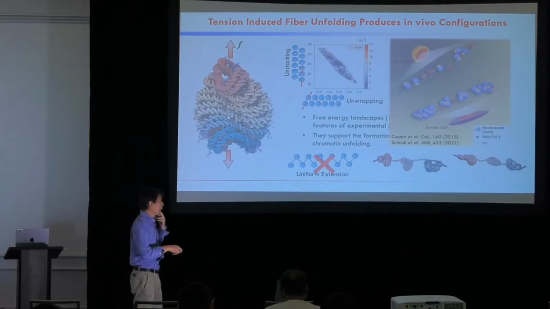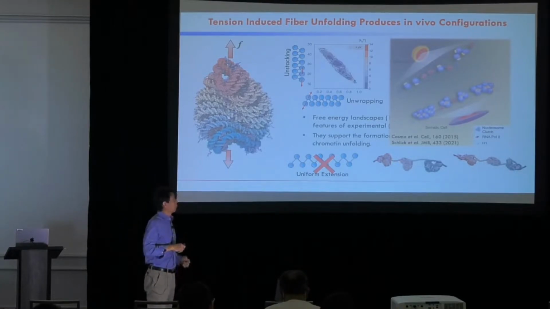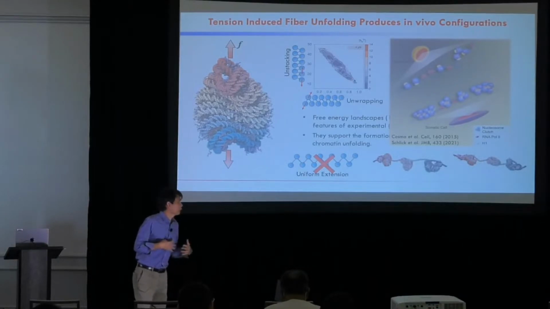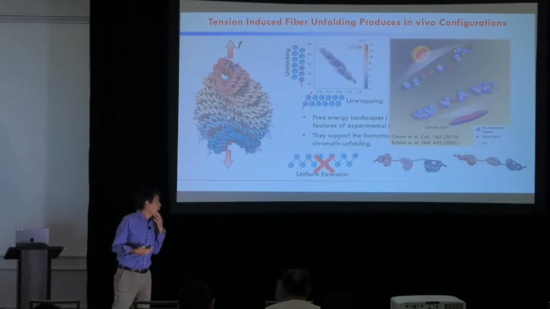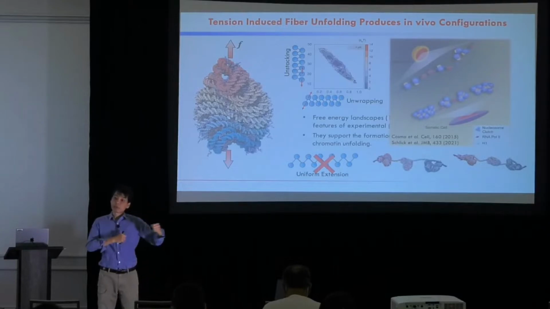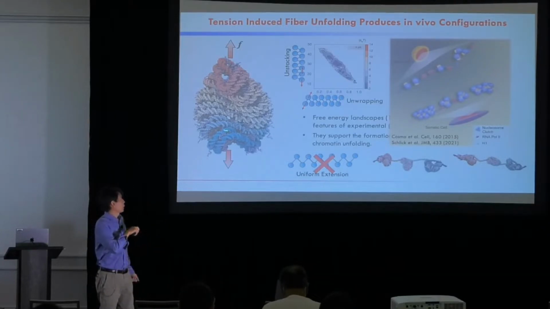So that's quite similar to what we found in our simulation. So again, this supports the idea that maybe there is indeed a connection between this fiber structure and the in vivo configuration.